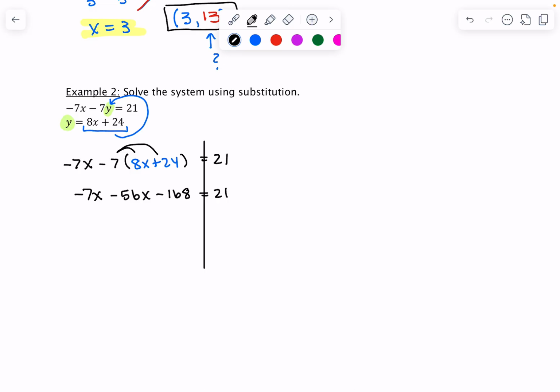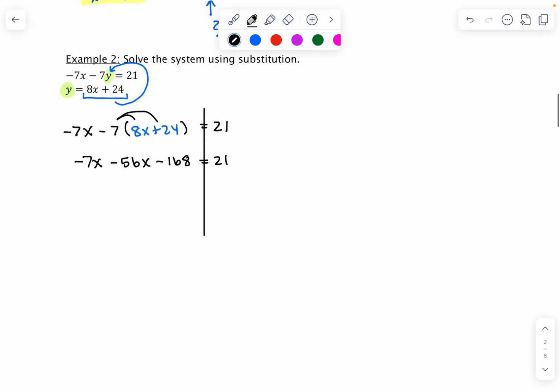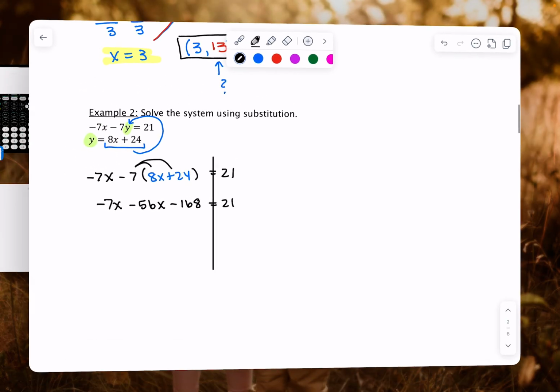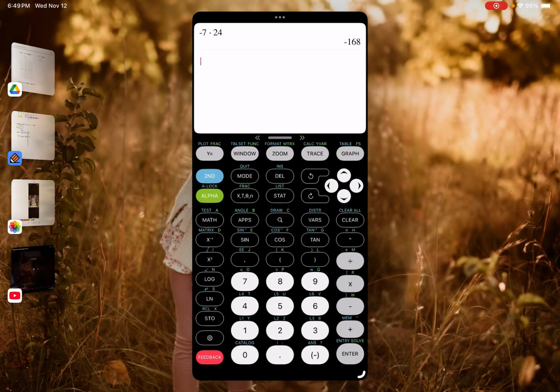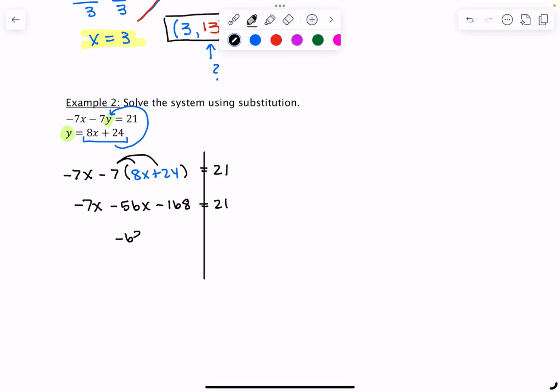Negative 7 minus 56x. Let's go check. Negative 7 minus 56. If I can pull up my calculator again here. Negative 7 minus 56. Negative 63. So I've got negative 63x minus 168 equals 21.